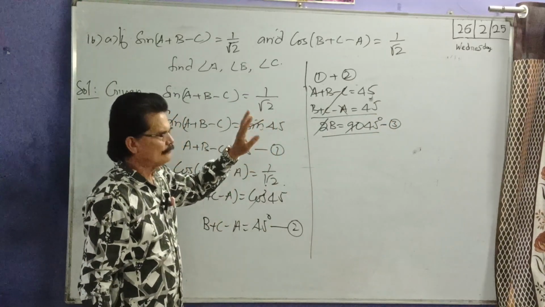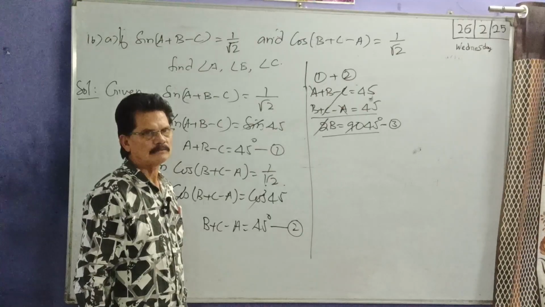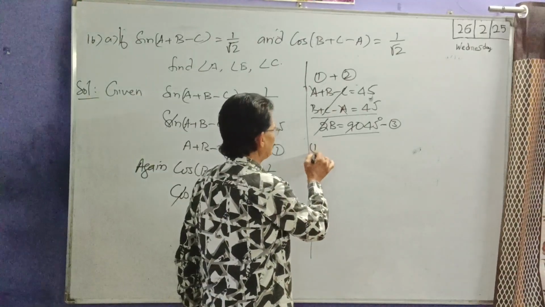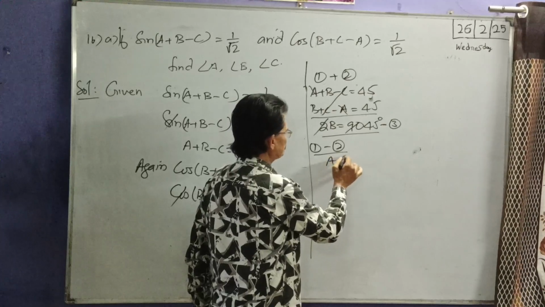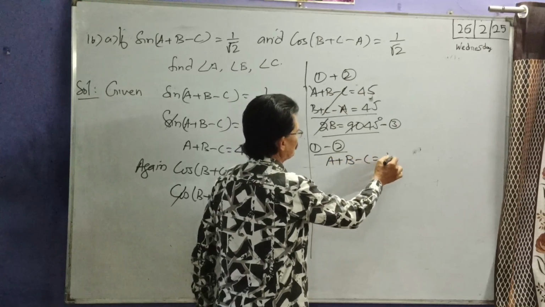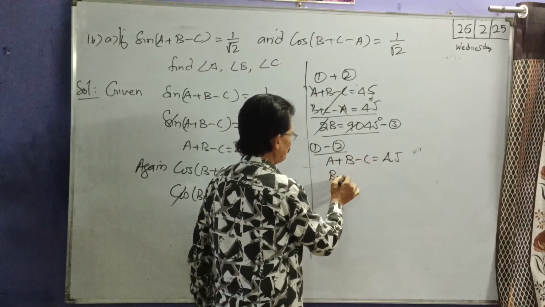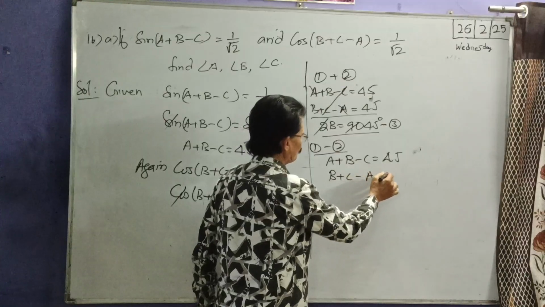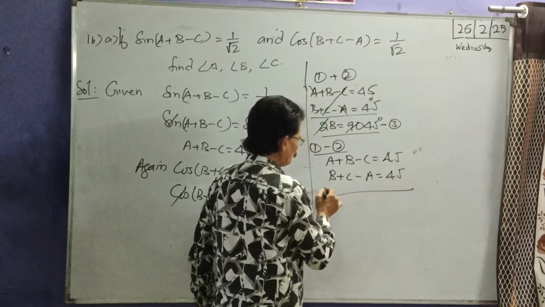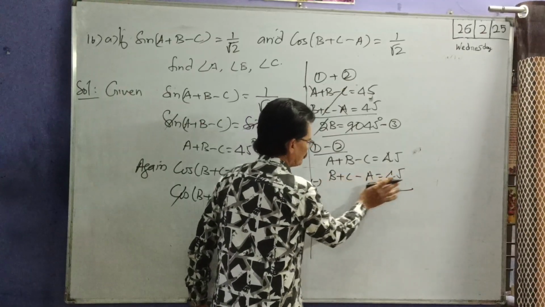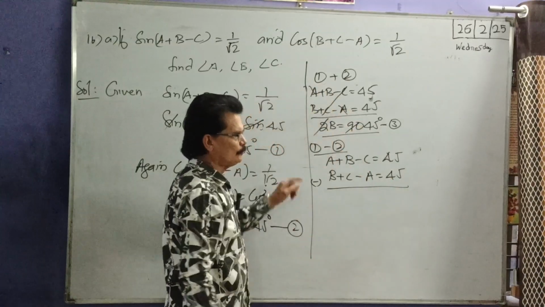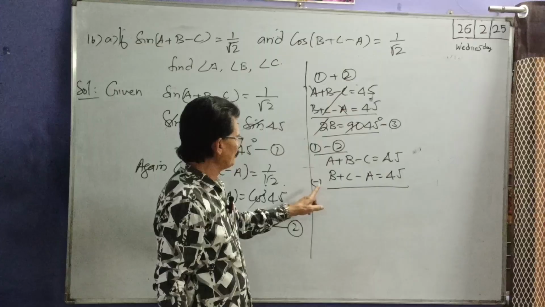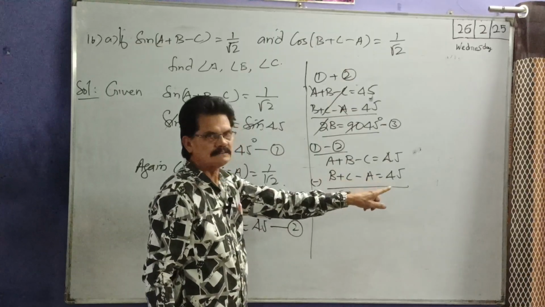Now you do 1 minus 2. A plus B minus C is 45, B plus C minus A is equal to 45. Now we are doing the minus operation. When we are doing plus, there is no change in the sign, but when we are doing minus, the signs will change.